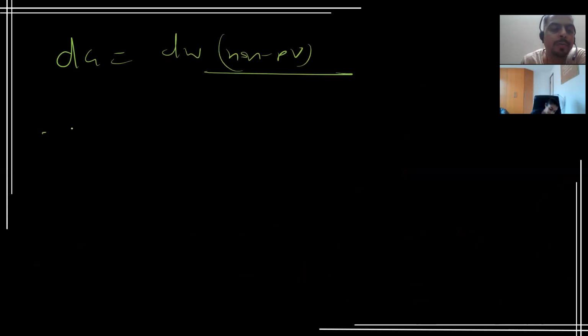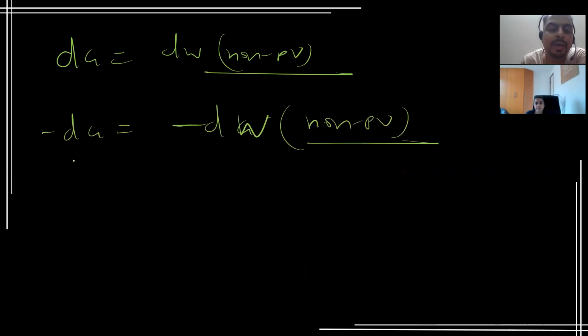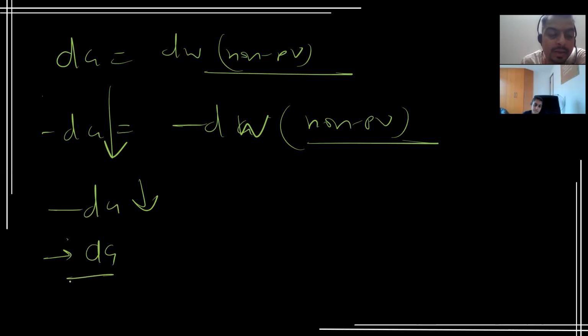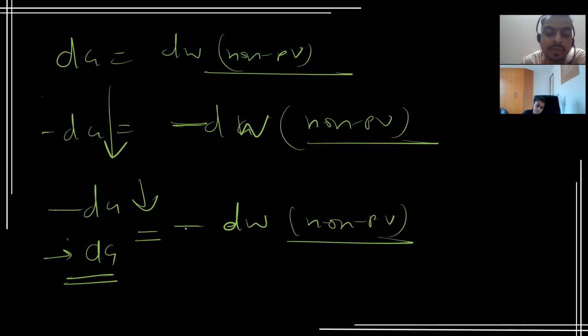Now you have to multiply by negative sign on both sides. Negative sign means energy is decreasing. What is the meaning of negative sign? The dG is decreasing, at the cost of work, because the system is doing work. And when we are getting the minus W, that means it is the work done by the system. Minus is the indication of work done by the system.